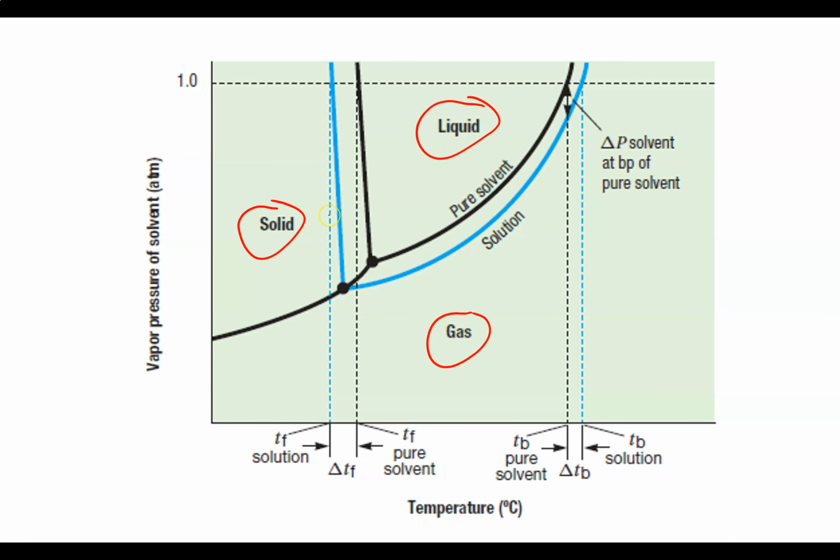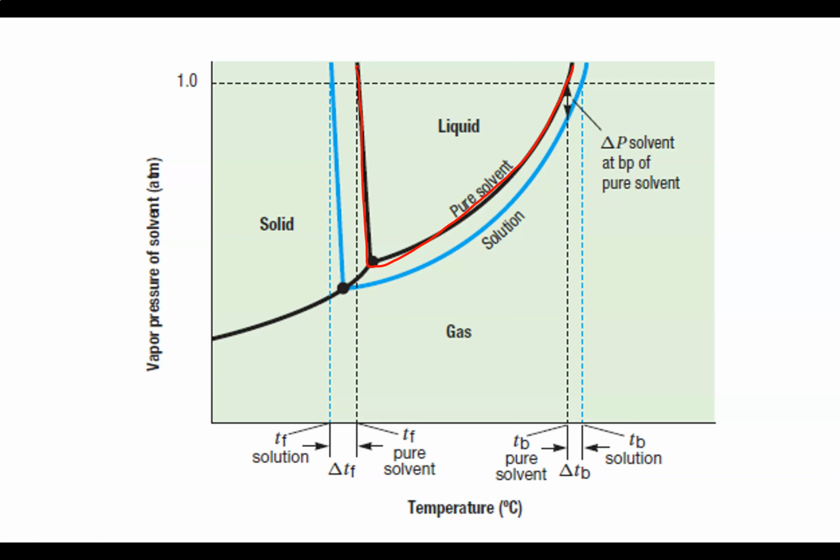And as we move across this black line for our pure solvent, we're going to undergo those phase changes. By adding a non-volatile solute to the solvent, ultimately forming a solution, what you end up doing is moving these two lines. You can see the blue line shows everything shifted down and to the left. So that's going to have an impact on our boiling point and our freezing point.